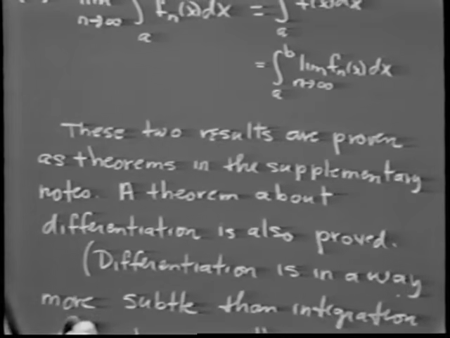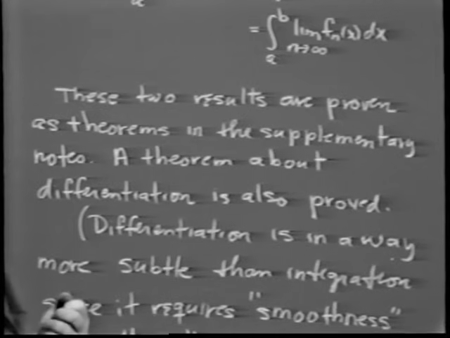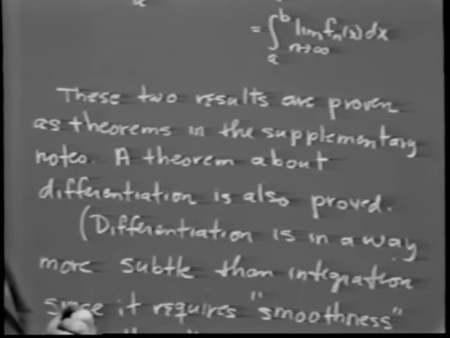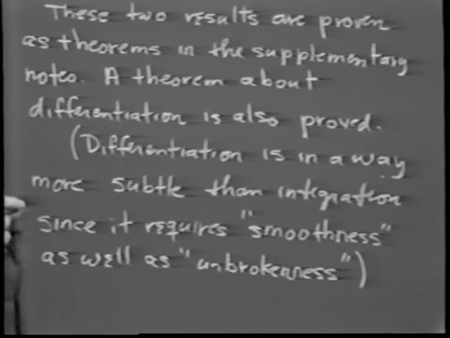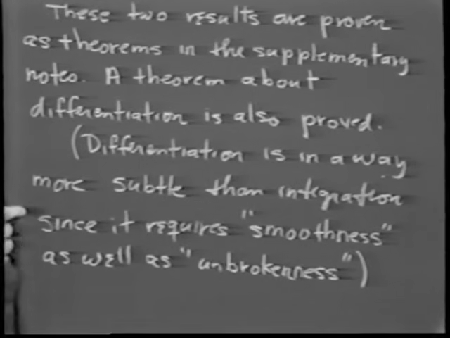We also say a few words about corresponding results for differentiation in our supplementary notes. I should point out that differentiation is a far more subtle thing than integration. Remember that for integration, all you need is continuity. For differentiation, you need smoothness.